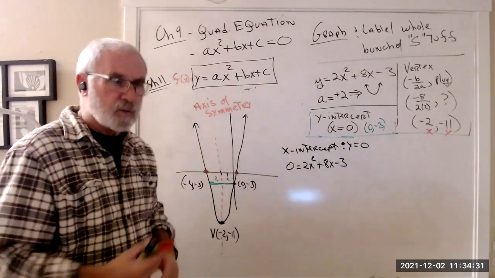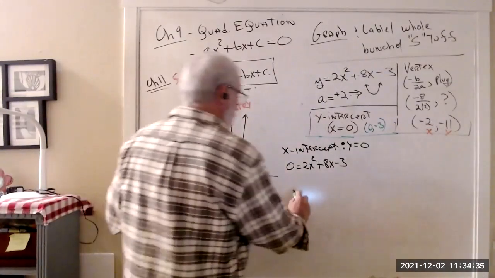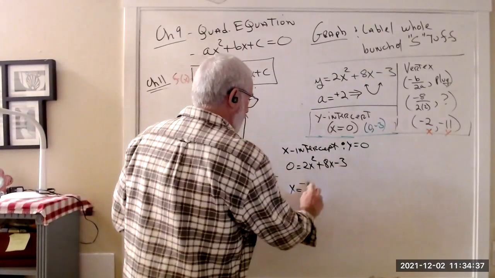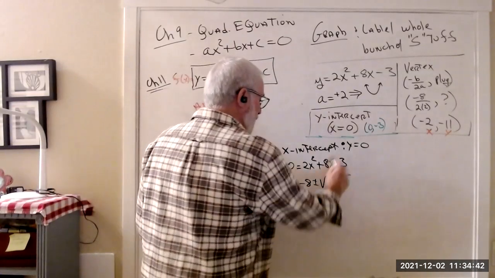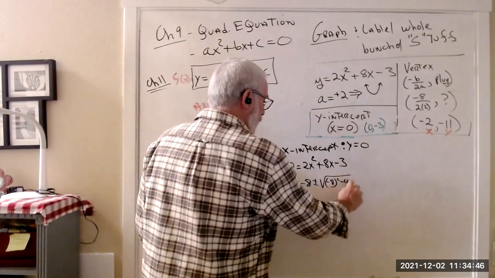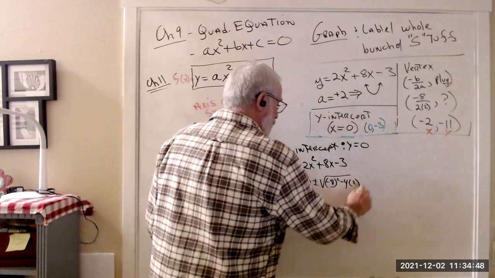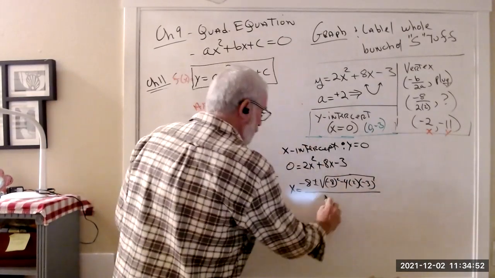This particular one, we're going to use the quad formula. So we get x equals -b, -8, plus or minus the square root of b squared, -8 squared minus 4 times 2 times -3, all over 2 times 2.